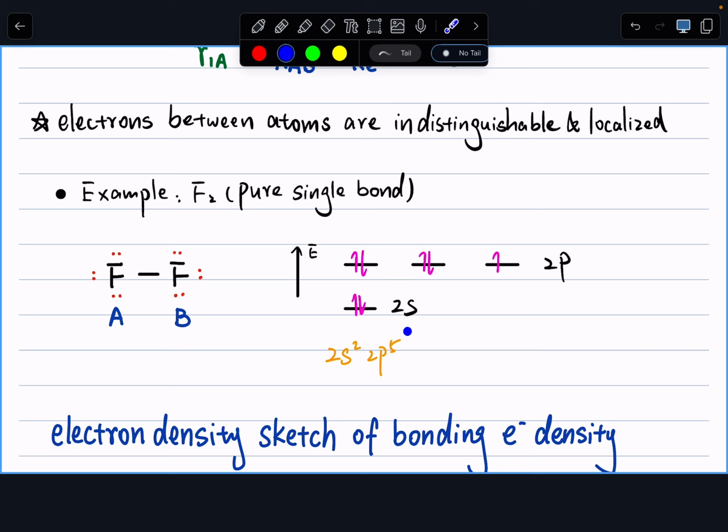We see the 2s is doubly occupied. 2 of the 2p orbitals are doubly occupied, or these are my 3 lone pairs of the fluorine. Here, we have 1 singly occupied 2p atomic orbital. So the product of these 2p atomic orbitals forms a sigma bond.